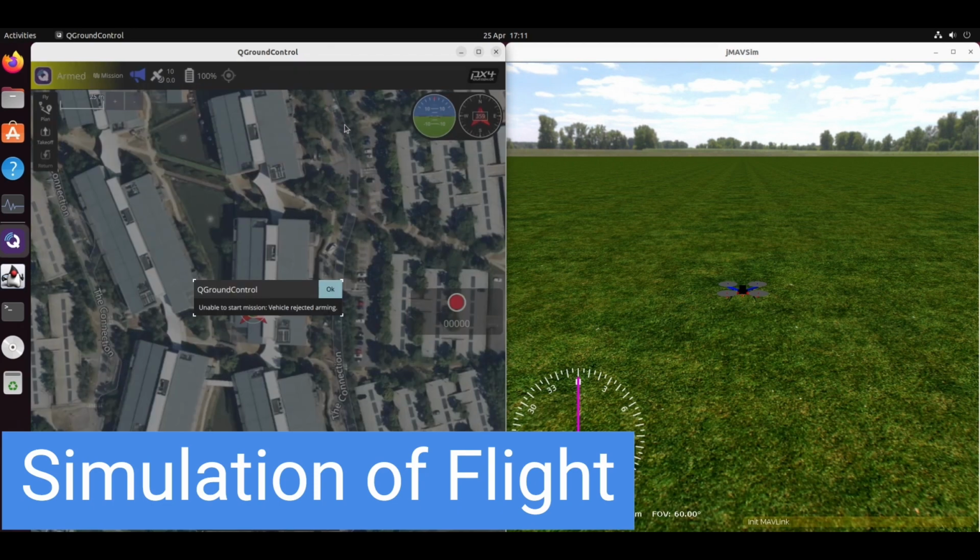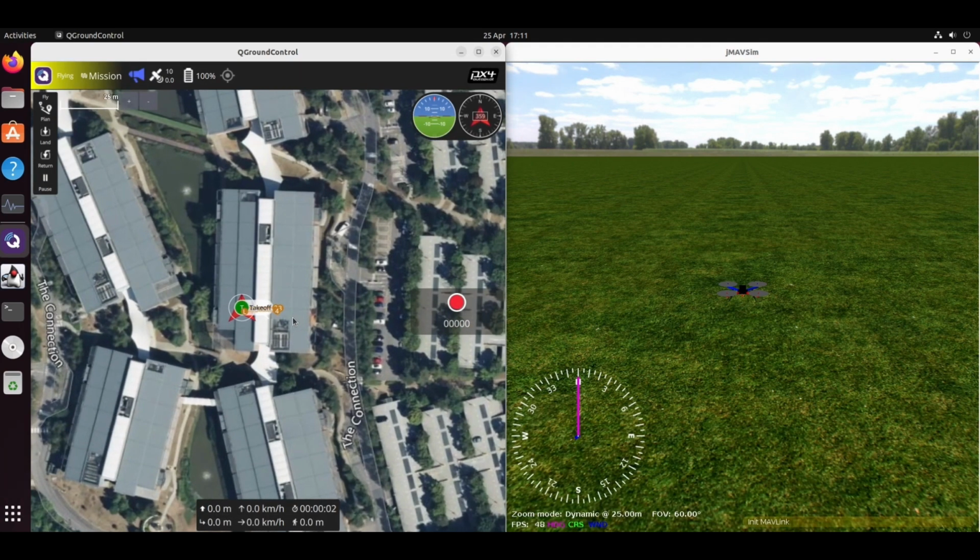Here is the simulation view. As you can see, the flight plan was configured and is followed by the drone.